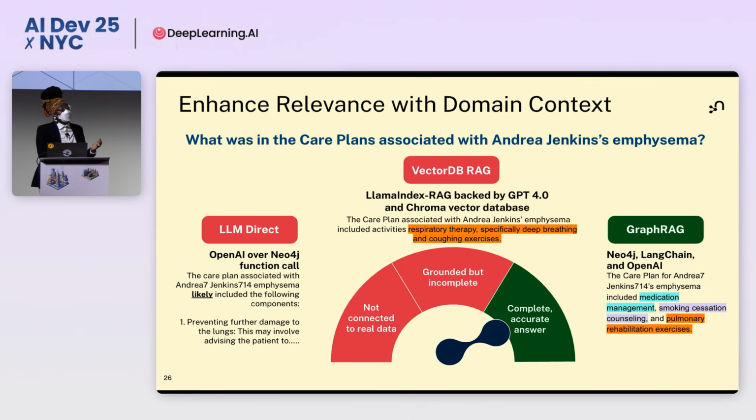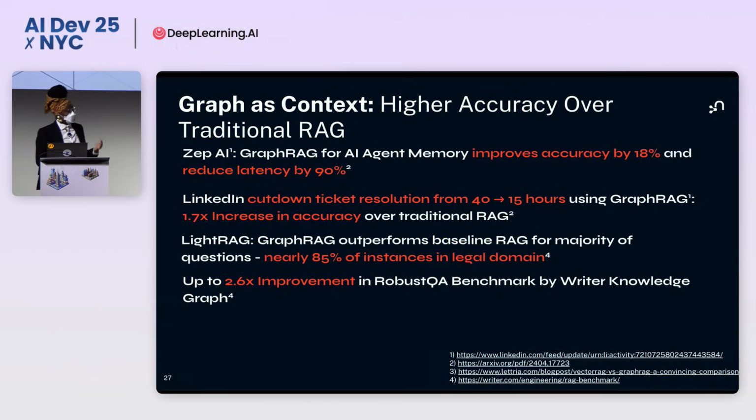So once agents have the necessary context in the structure of a knowledge graph, we start to see the benefits. Using a knowledge graph as context has been shown to improve accuracy. Let's look at the data. Across multiple industry benchmarks, graph context consistently outperforms traditional RAG.